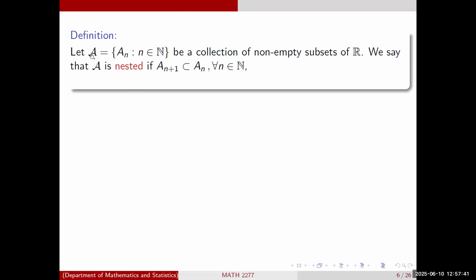Let this fancy A be a countable collection of non-empty subsets of R: A1, A2, A3, and you keep going. That's what this collection is. We say that this collection, fancy A, is a nested collection if the (n+1)th set is contained in the nth set.